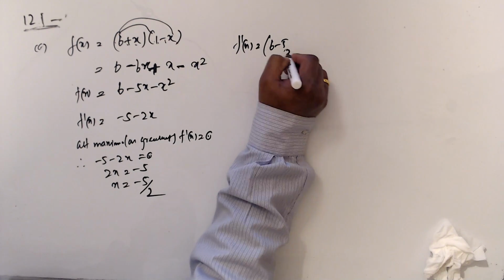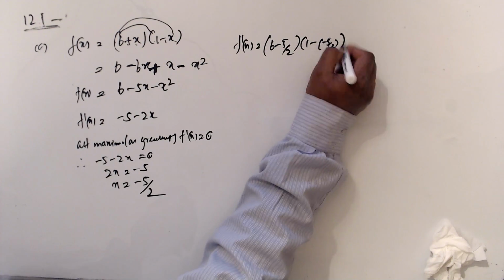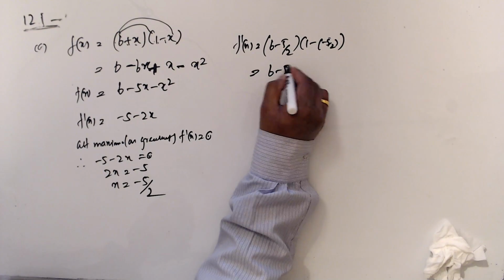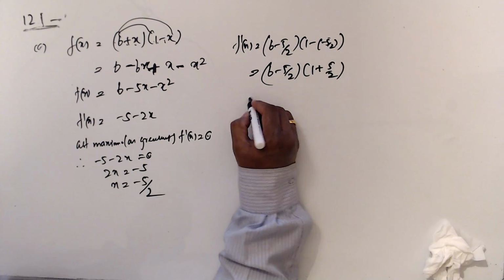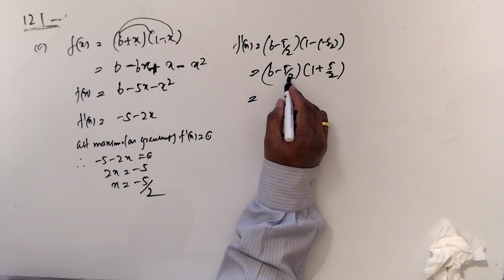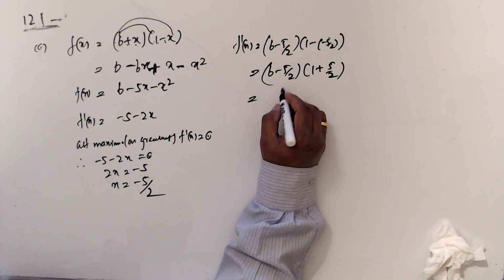6 minus 5 over 2, 1 minus minus 5 over 2. 6 minus 5 over 2, 1 plus 5 over 2. So this is going to be 12 minus 5, 7 over 2.